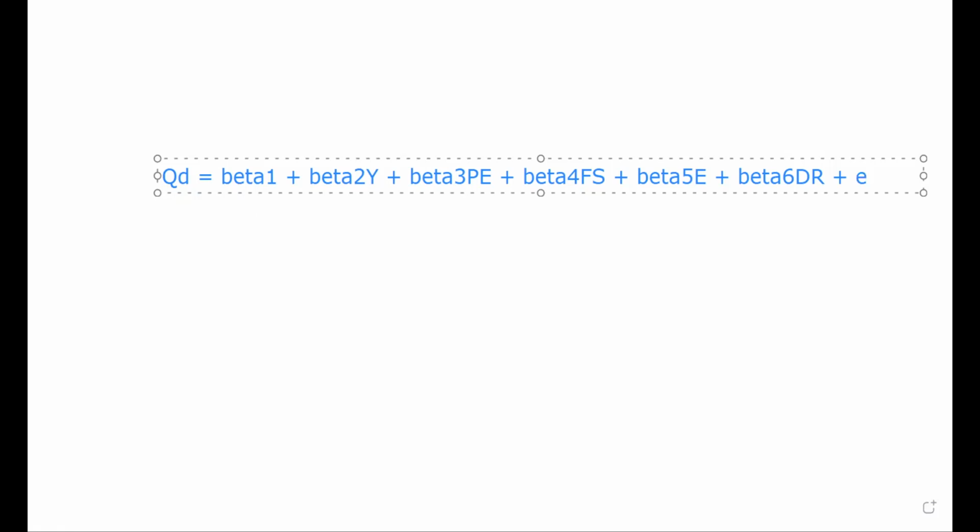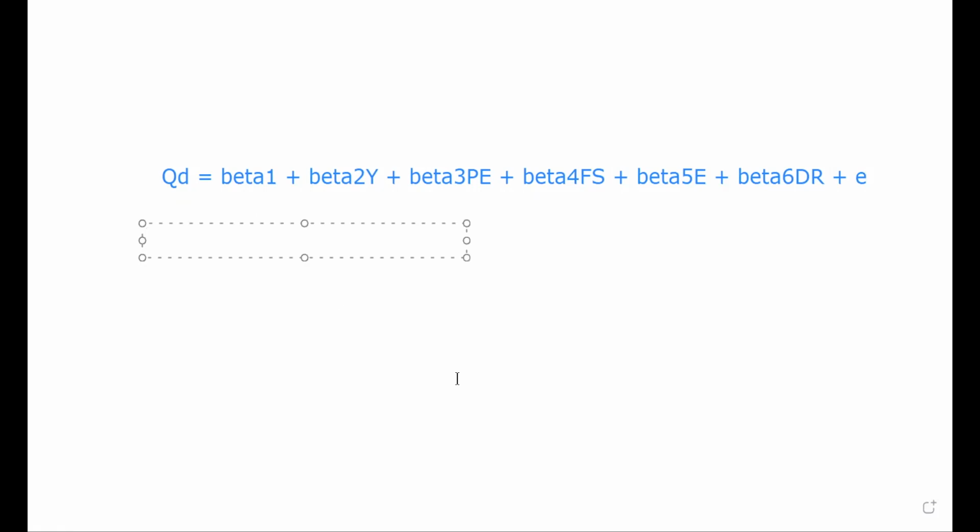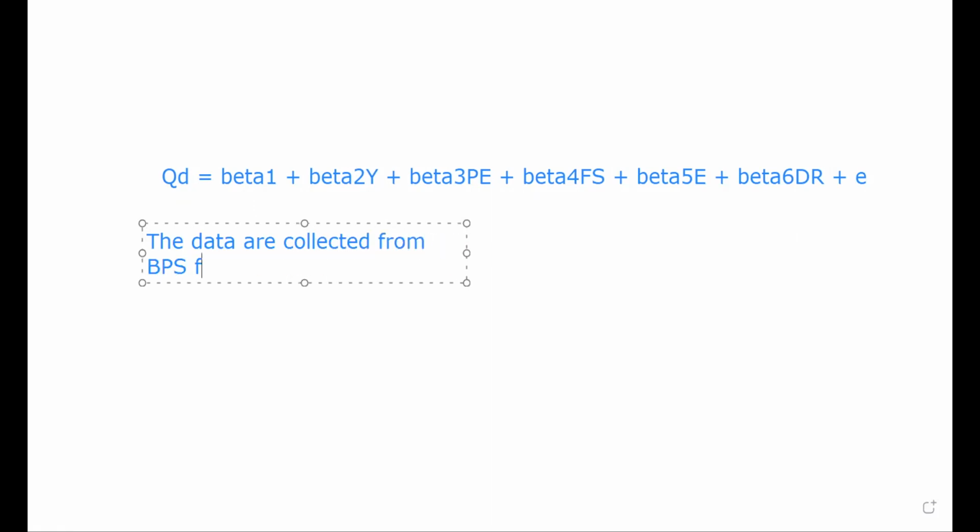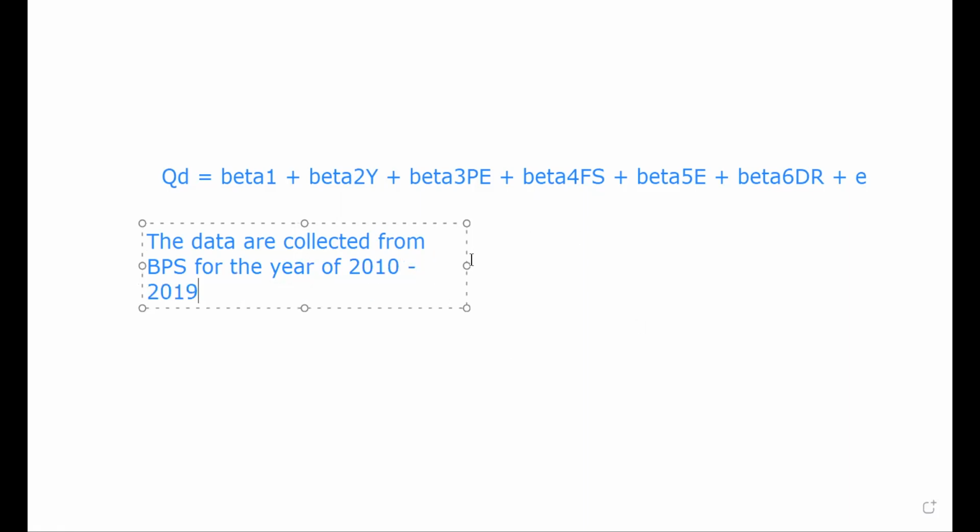For example, the data are collected from the PS, for example, for the years 2010 to 2019 for samples. Okay, this means you have a sample size.